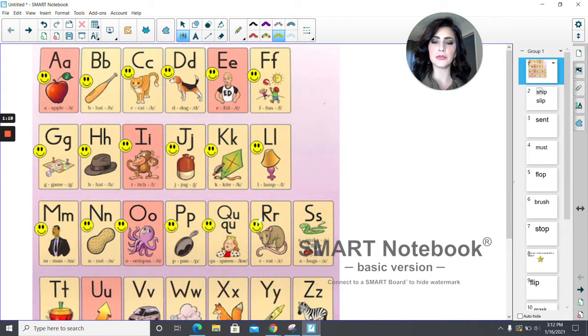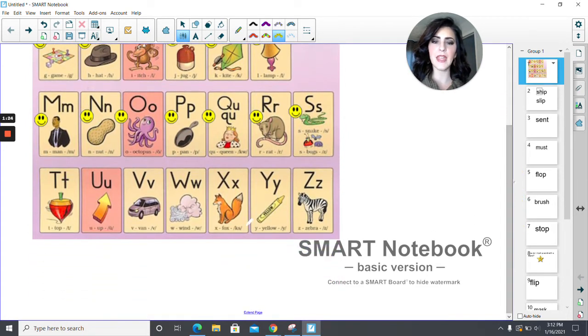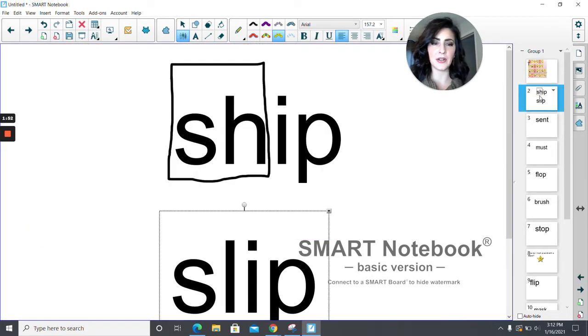R, rat, R. S, snake, S. And then we also have S, bugs, Z. T, top, T. U, up, V, van, V. W, wind, W. X, fox, X. Y, yellow, Y. And Z, zebra, Z.